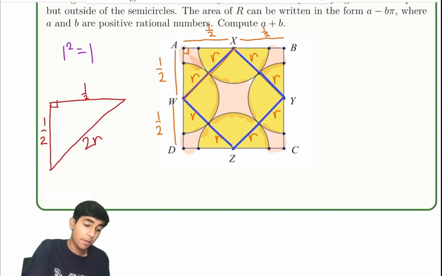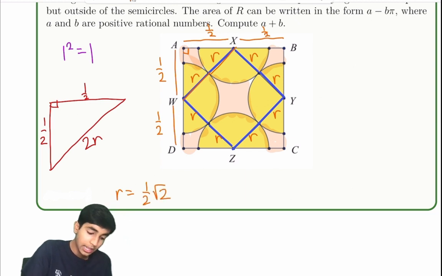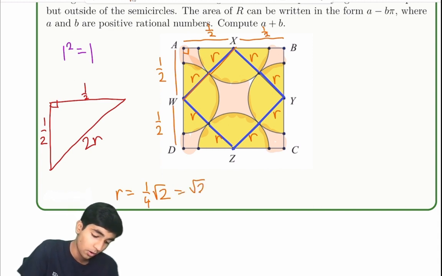By properties of 45-45-90, 2r is half root 2, dividing by 2 on both sides, r is 1/4 of root 2, or root 2 over 4.